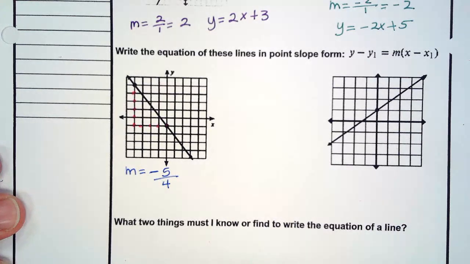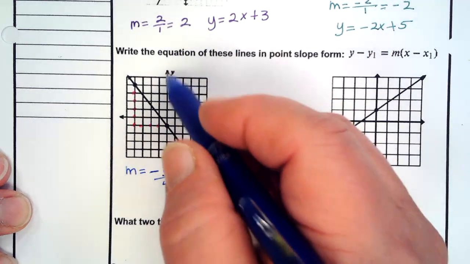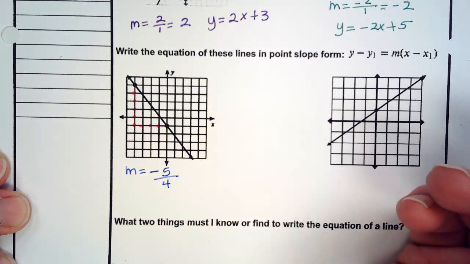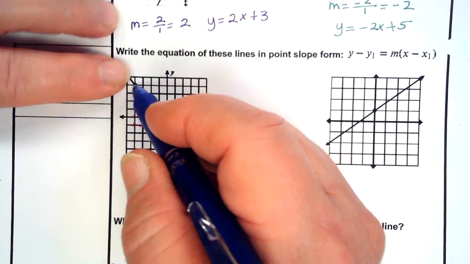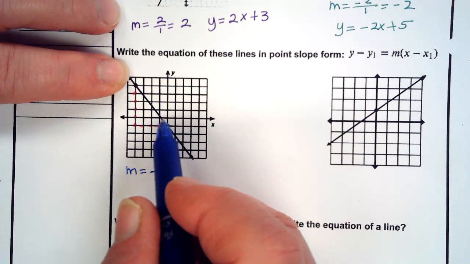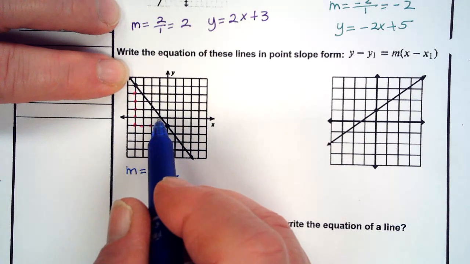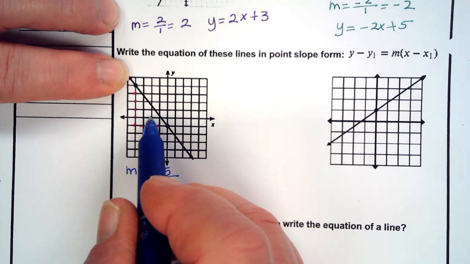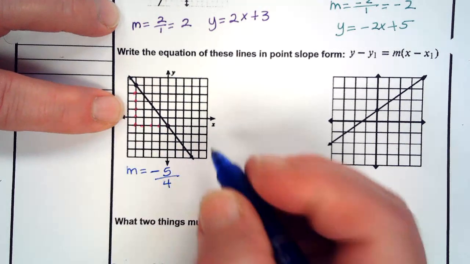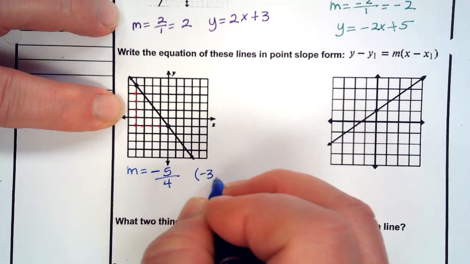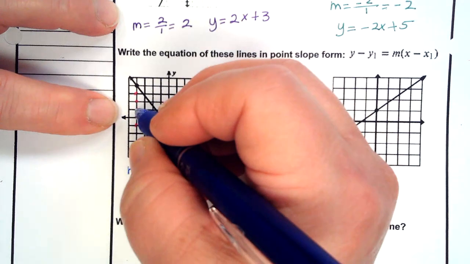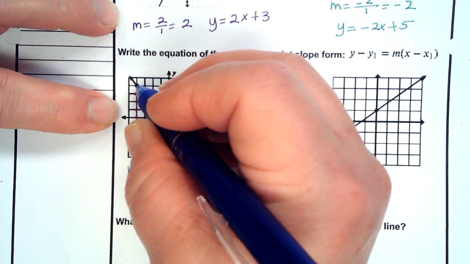Okay, now I have to identify a point that's on the graph. I don't want to use this one because that will give me my slope-intercept form. So I'm going to use this point over here, which is negative 1, 2, 3. And then I go up 1, 2, 3, 4.